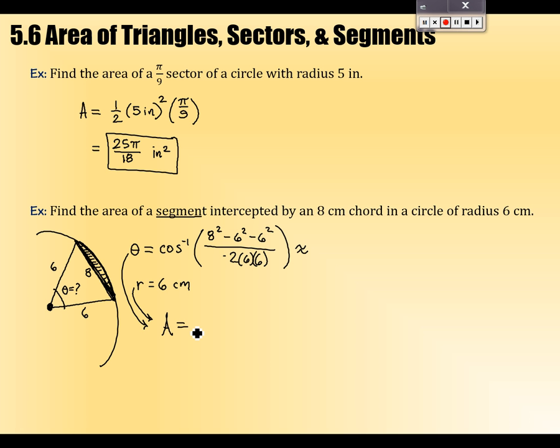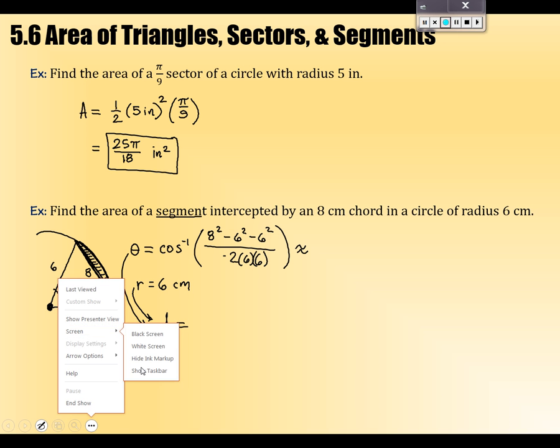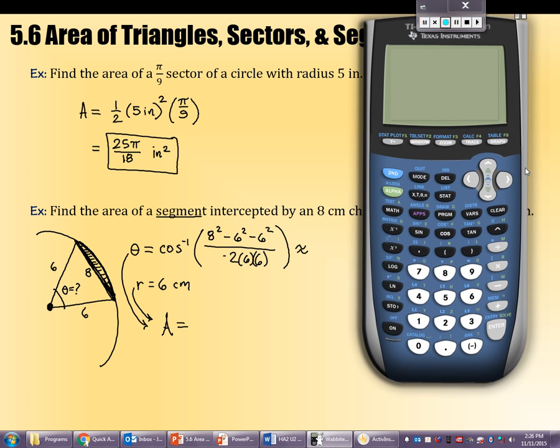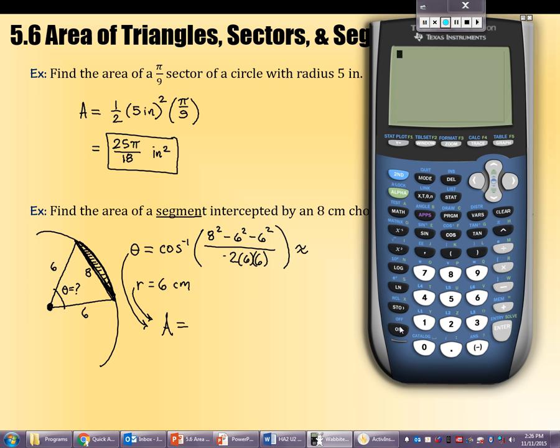So should we change it to radians? You can do whatever you like, as long as you're being careful. You might just do it in radians now. So let's see here. Cosine inverse of 8 squared minus 6 squared minus 6 squared, divided by negative 2 times 6 times 6.